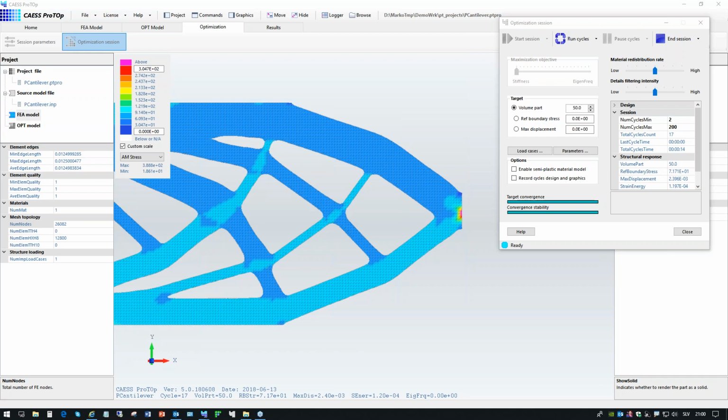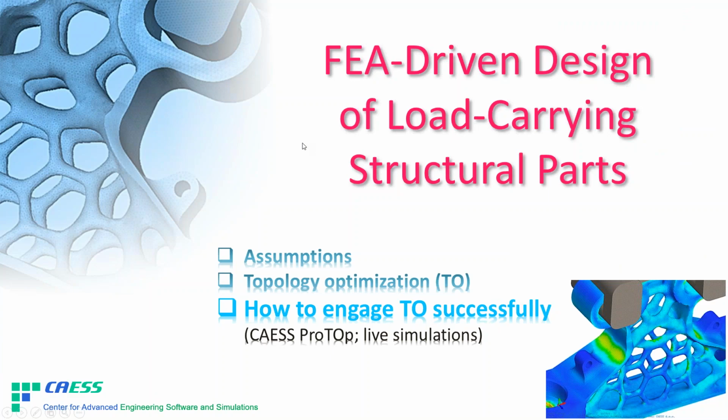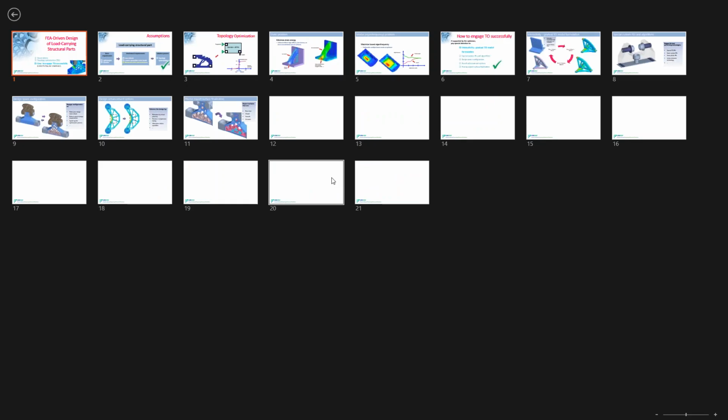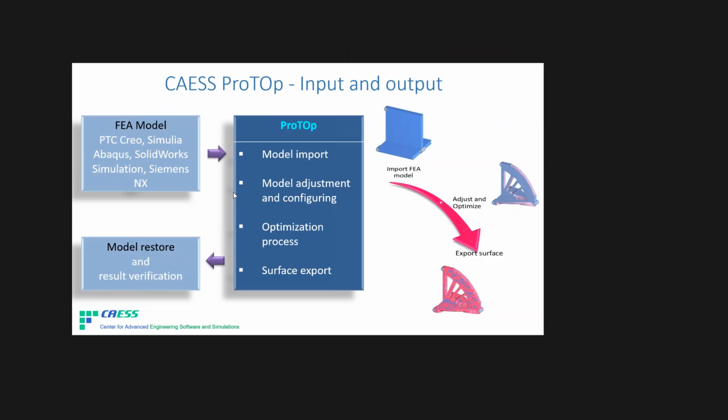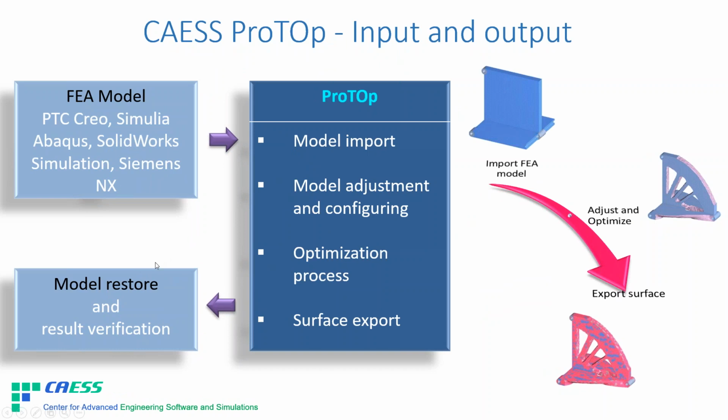Cool. And can ProTOP work with geometry from Rhino Grasshopper for nicer import of complex geometry? Just a moment. I will show you how ProTOP actually can be engaged now. How ProTOP operates is that the input has to be a complete FEA model. That means a finite element model with boundary conditions, that means supports and loads.